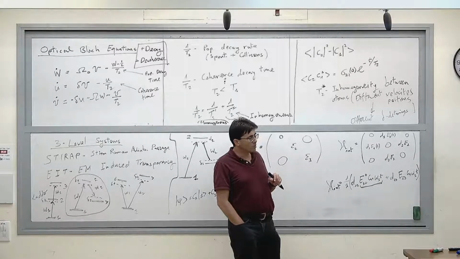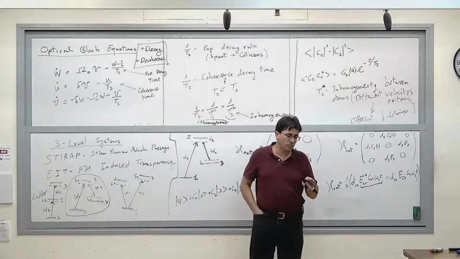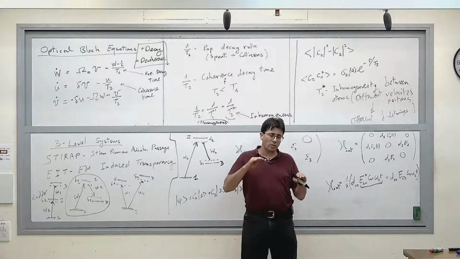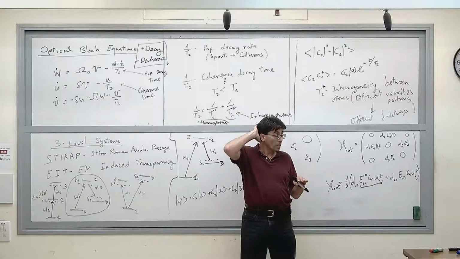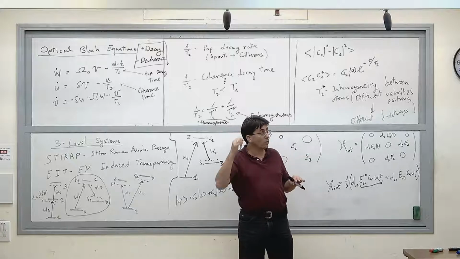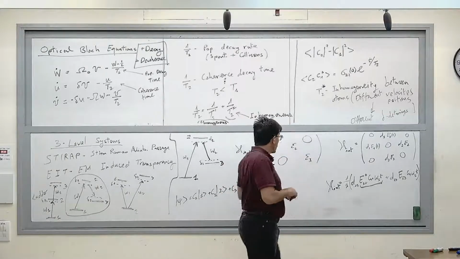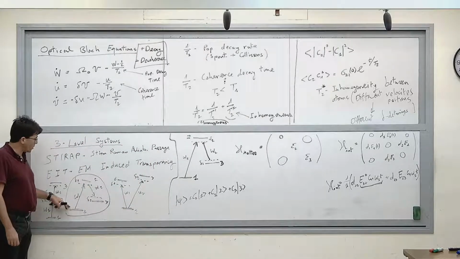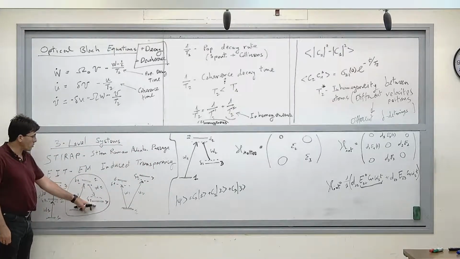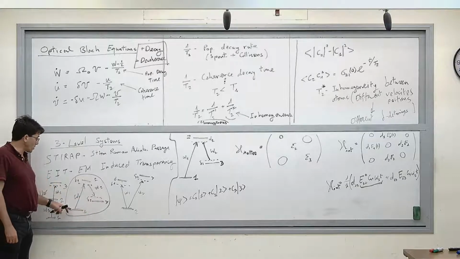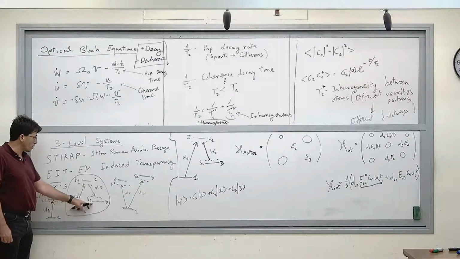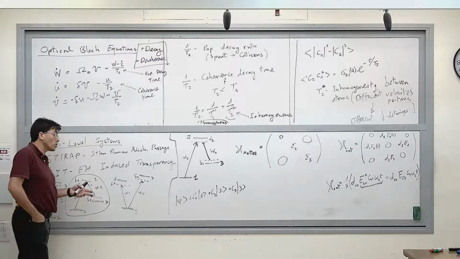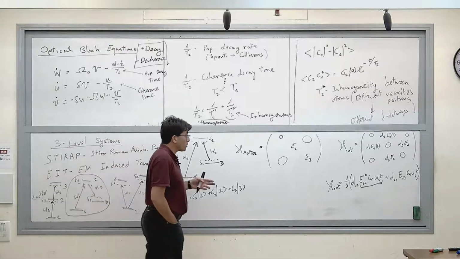The light can take you from a state of angular momentum 0 to a state of angular momentum 1. So delta angular momentum is unity. Now, that means that if the difference in angular momentum from here to here is 1, and from here to here is 1, then the difference in angular momentum from here to here is either 0 or 2. And that would mean that this transition is usually not allowed.